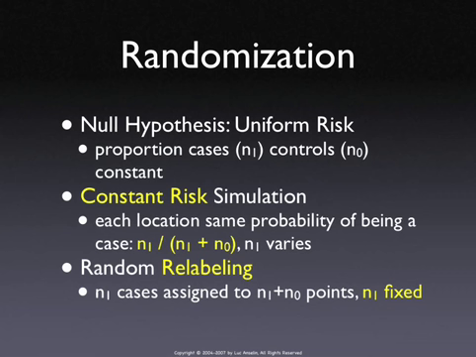And remember why we do this, because we need a reference. We need a reference count for the number of events in our circle. So we have our actual point pattern, and we do these circles and count how many points we have. And then we generate a lot, 1,000, 10,000 fake point patterns that follow this uniform risk null hypothesis.